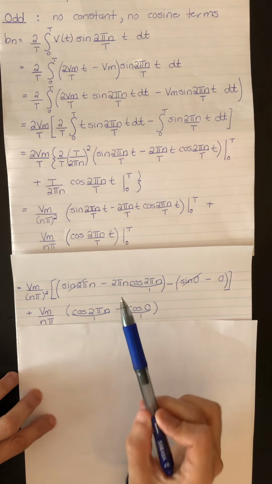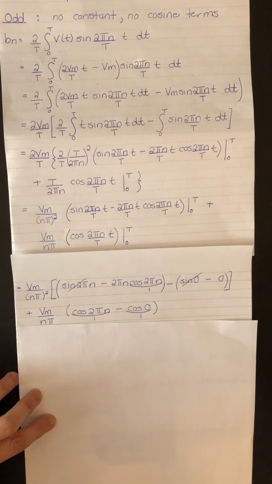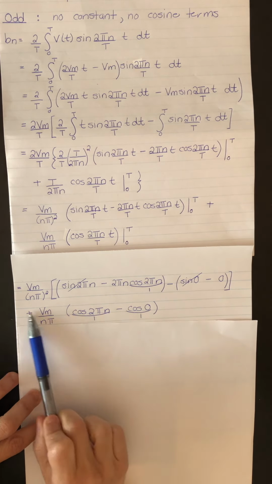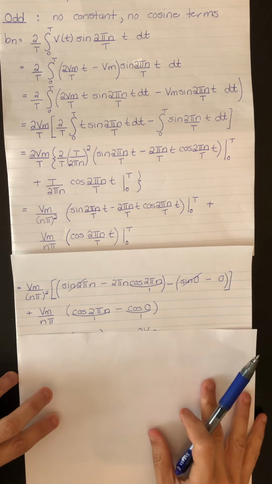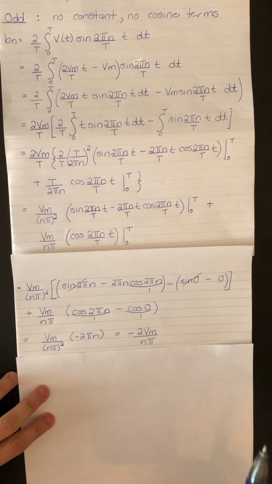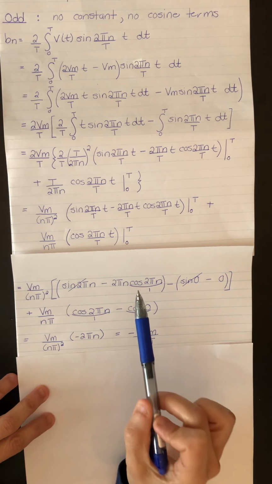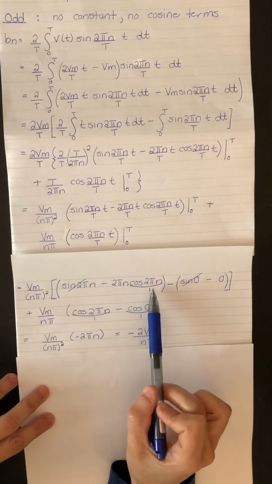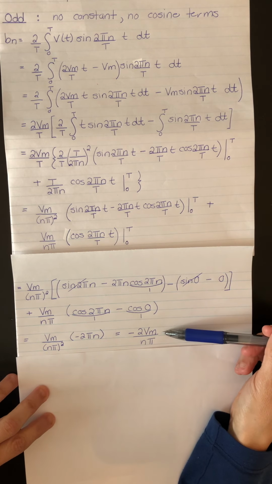They're equal to 0. This term becomes negative 2 pi n times 1. These terms are each equal to 1, so in fact, we're going to get a 0 here when we do the subtraction. So that means all we have left is this times negative 2 pi n, negative 2 pi n times 1, which simplifies to give you negative 2 Vmax over n pi.